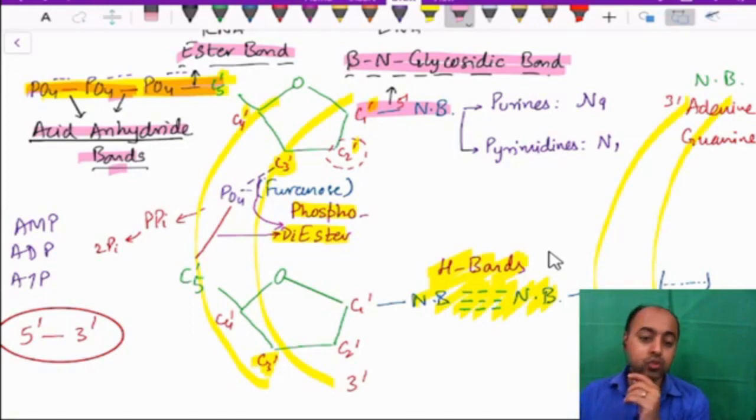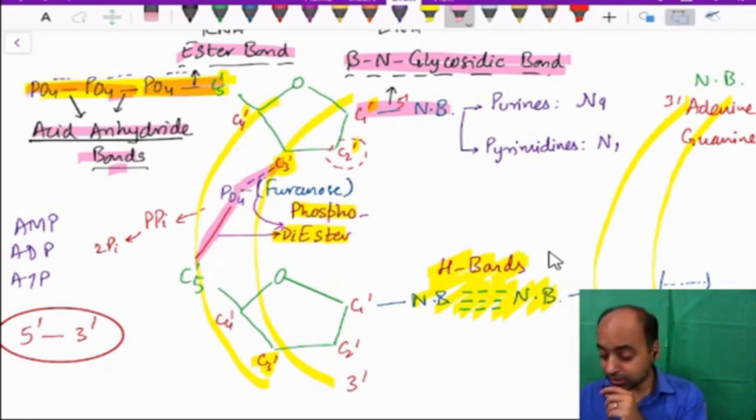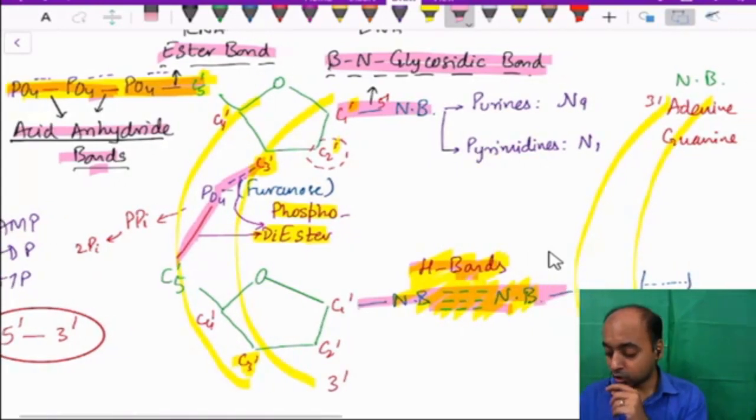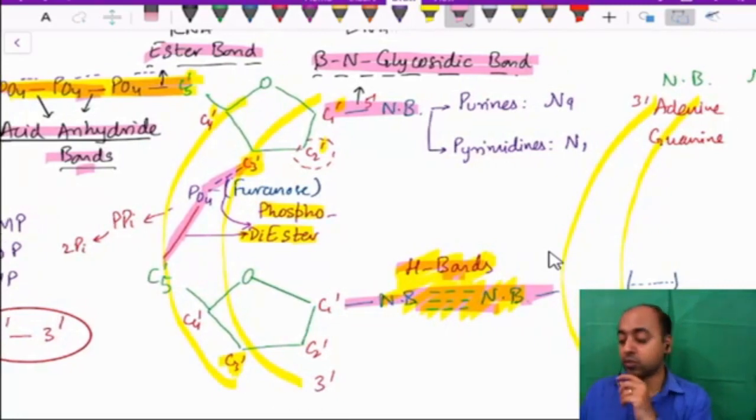The two sugars are linked together by the phosphodiester bond. The first 4 bonds are covalent bonds. Subsequently, the two nucleic acids are joined together by the non-covalent hydrogen bonds. So these are the 5 bonds that you have to keep in mind within a nucleic acid.